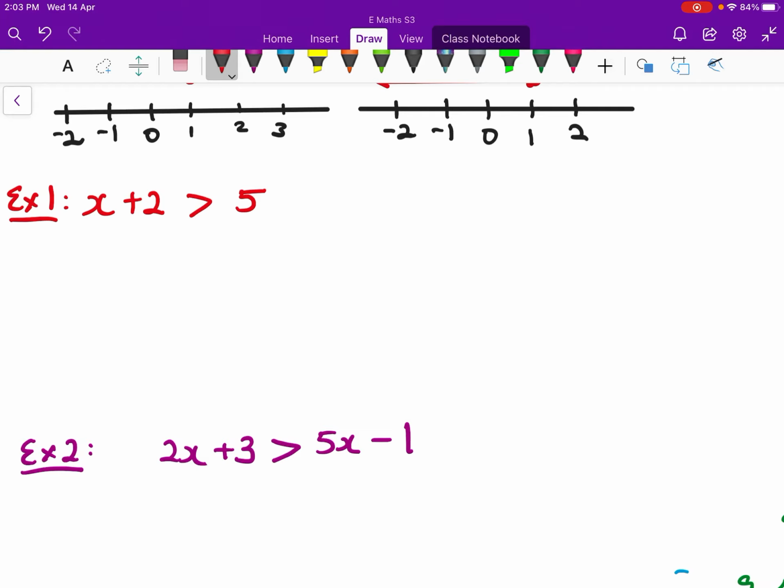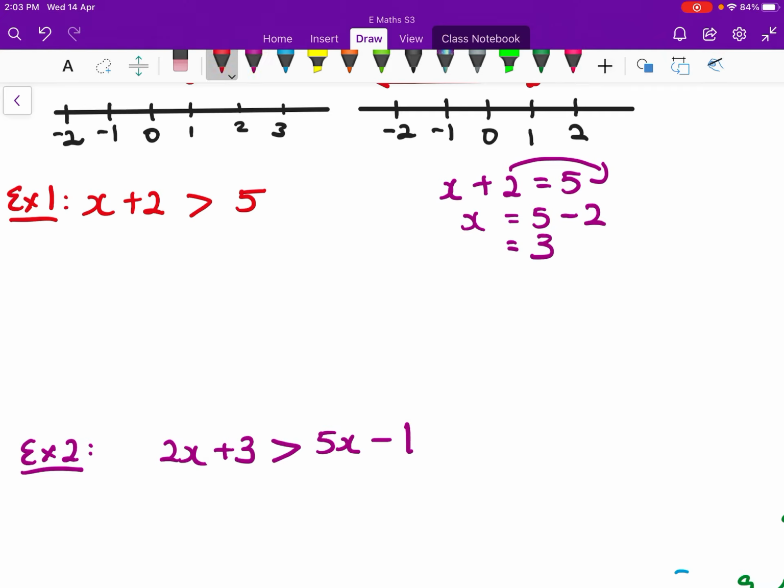I want to solve this inequality. If I just change the inequality sign to an equal sign and solve for x, when I bring my 2 to the right hand side I must make it into minus, which gives 3. So I know the exact value of x, which is equal to 3.